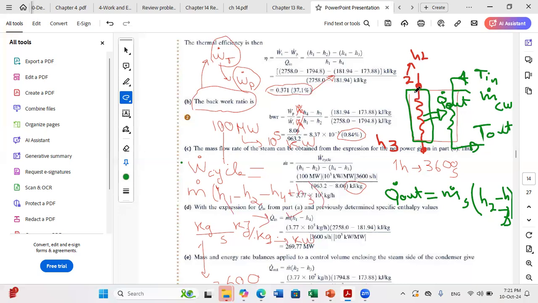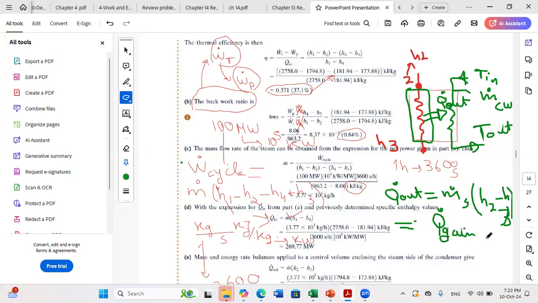Heat lost by this fluid will be gained by the other fluid, because we consider that our condenser is well insulated, so no heat losses to the outer environment. Okay, so you can say that this is Q dot gained by cooling water. Q dot gain for cooling water.